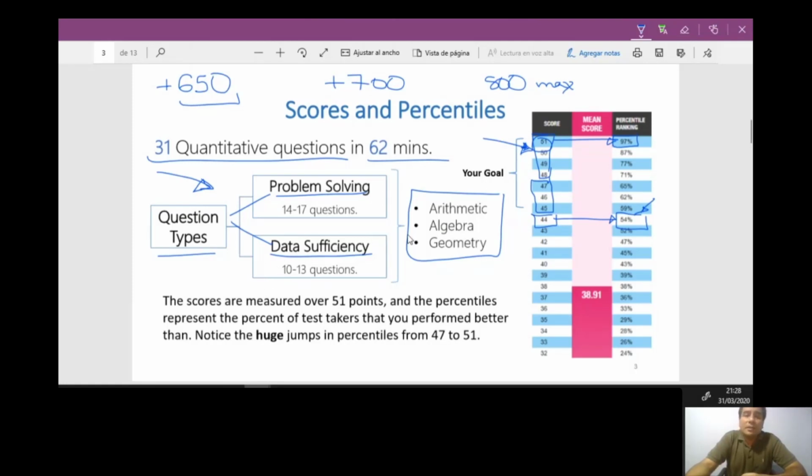Talking about the contents that you will see in the quantitative section, you have arithmetic, algebra, and geometry. The level of arithmetic, algebra, and geometry you will see just corresponds to high school math, okay? They are not very deep concepts. They are simple concepts that any high school student in the US, for example, takes at school.